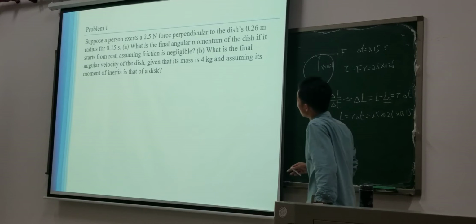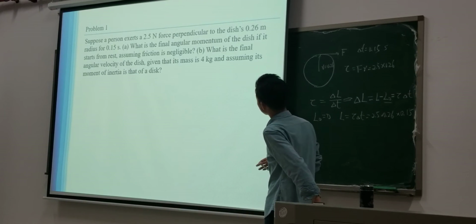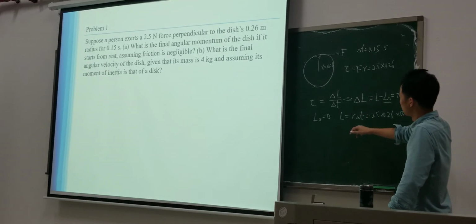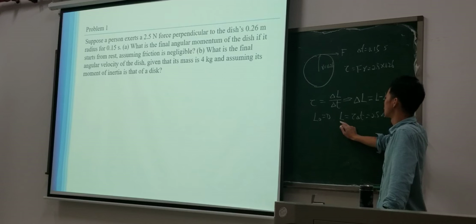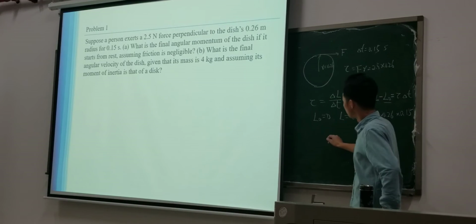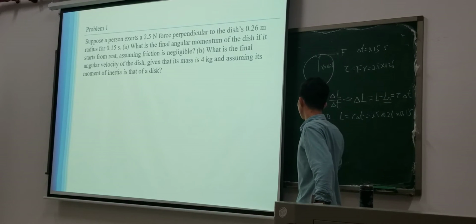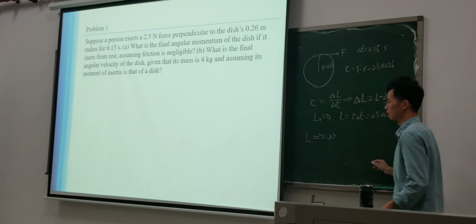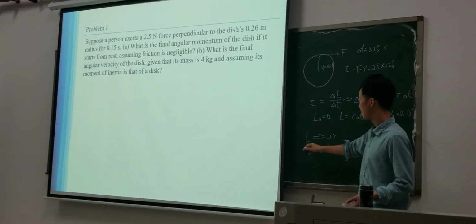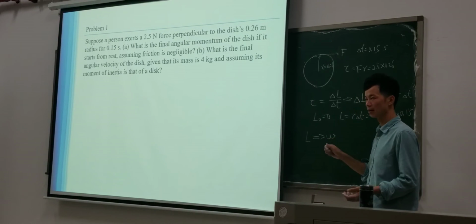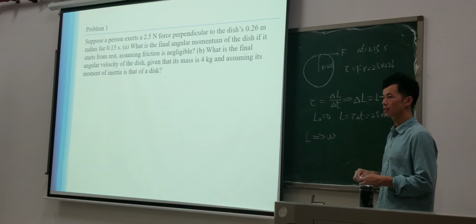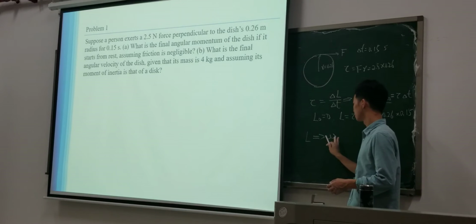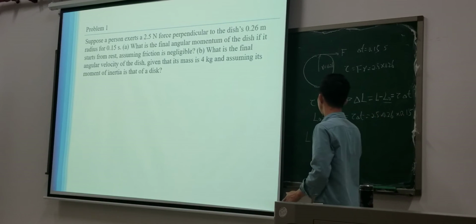The second question: what is the final angular velocity? I have to find the angular velocity. We have found the final angular momentum, 2.91. So from the angular momentum, how can we find the angular velocity? What is the relationship between L and omega?